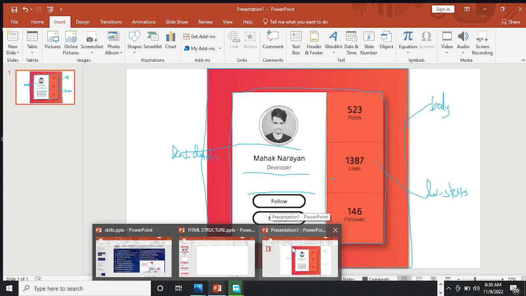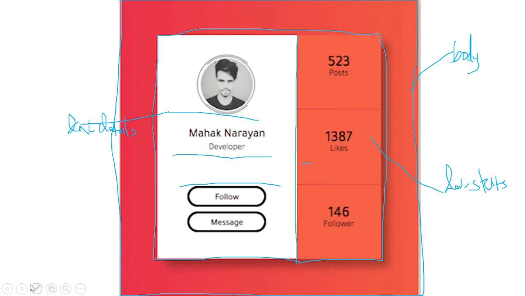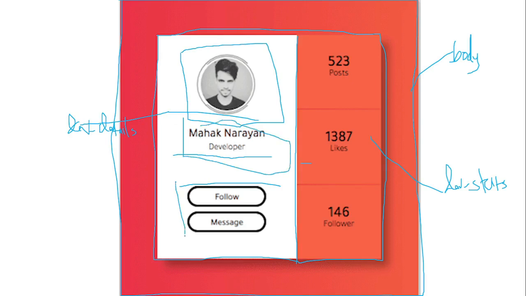So in the dev details we have an image, right? On the top we have stats. So I'm just going to bundle these ones together. So what do I mean by bundling together? So the first one, what we can try is that I have this image here, right? And then I have these ones here, and then I have also these ones.